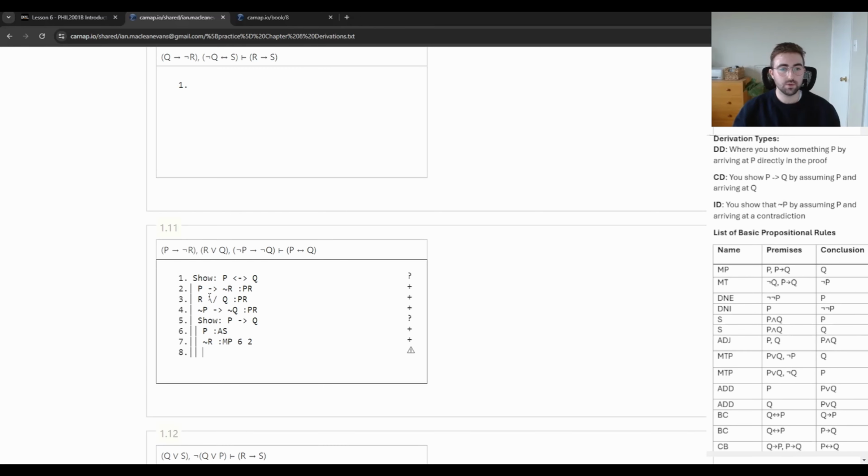And look at this, with not R, we have this or statement, right? So we know if one side is not true, then the other side has to be. Well, we have not R, so we know R isn't true, so we can get Q. So we get Q, and that is by modus tollendo ponens. That's the one where we get rid of this or claim, using lines 7 and 3.